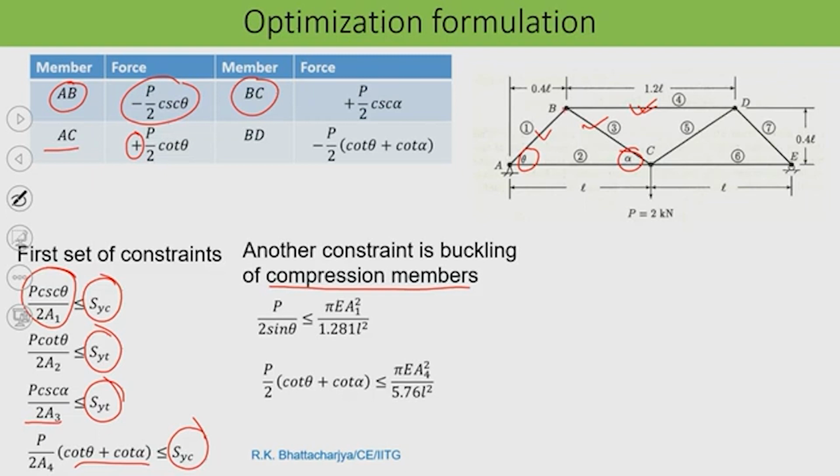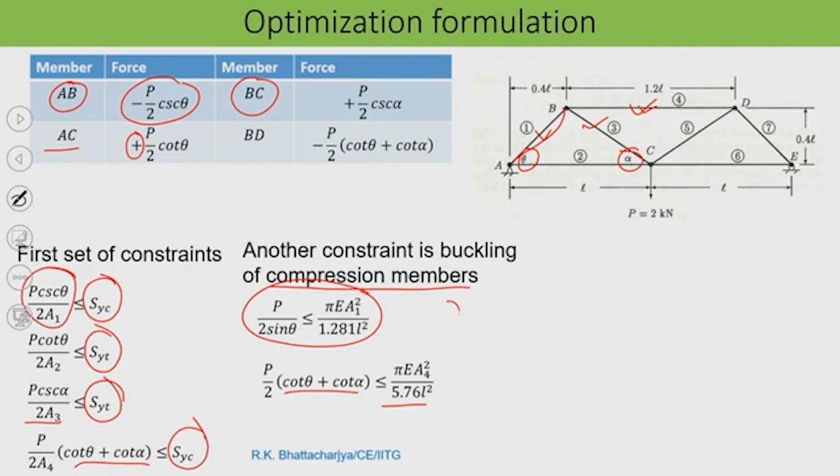So, you have to put a constraint in order to prevent buckling, that is P by twice sin theta less than or equal to pi E A1 square divided by 1.281 L square. And similarly, for member BD, P by 2 within bracket cot theta plus cot alpha should be less than or equal to pi E A4 square divided by 5.76 L square.